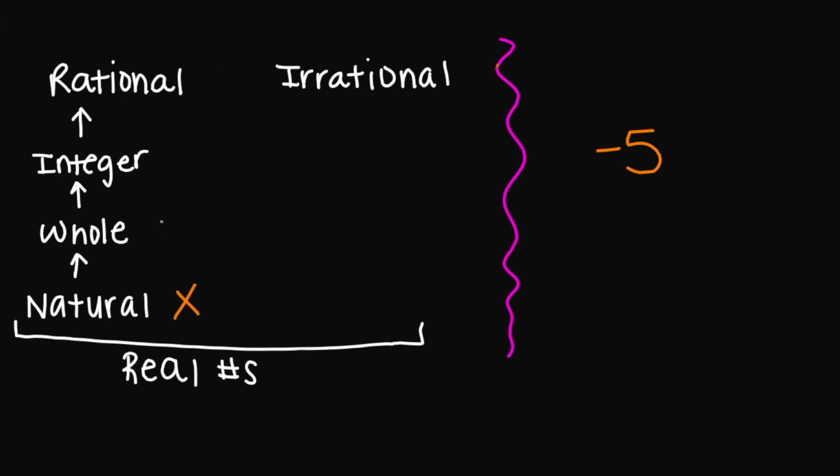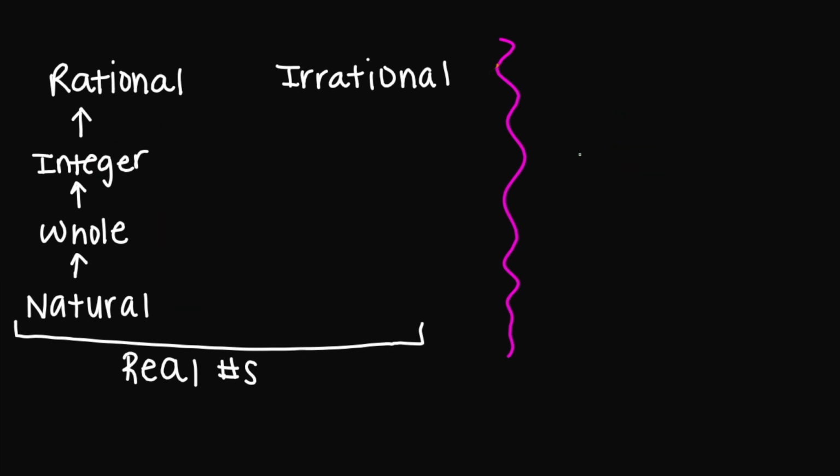Is it a whole number? -5 is not a whole number. Is -5 an integer? Yes, it is. So if -5 is an integer, it is also a rational number because -5 can be written as a fraction. Don't forget you have like an imaginary 1 here. And is -5 a real number? Yes, it is. So -5 is integer, rational, and real.